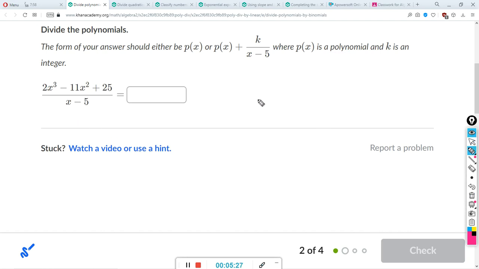Okay, so we have x minus 5. We have 2x to the third minus 11x squared. And we do not have an x term, so I'm going to make it 0x.